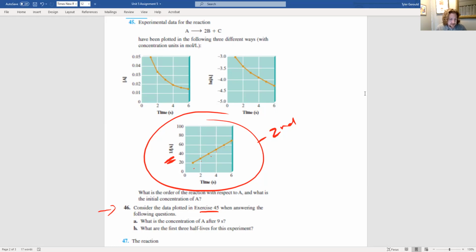So it looks like we actually are going to have to solve for K, because if we're trying to find the initial concentration, we're not seeing any sort of intercept on the concentration versus time graph. So we are going to have to go ahead and plug it into our second order concentration versus time equation.